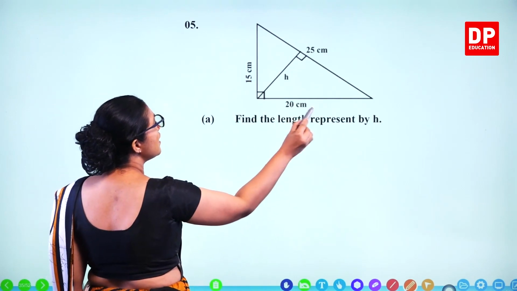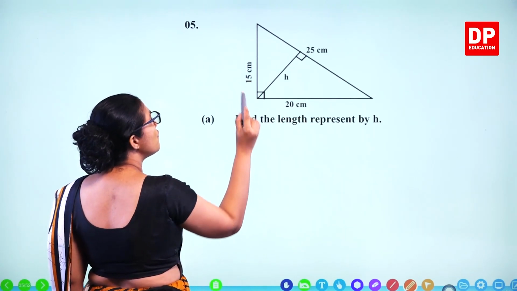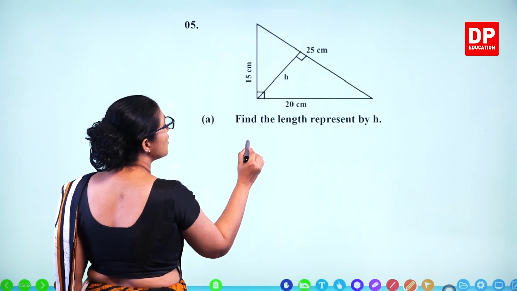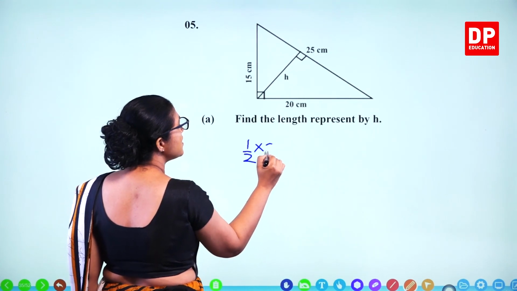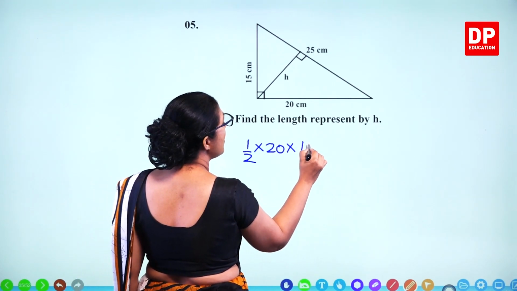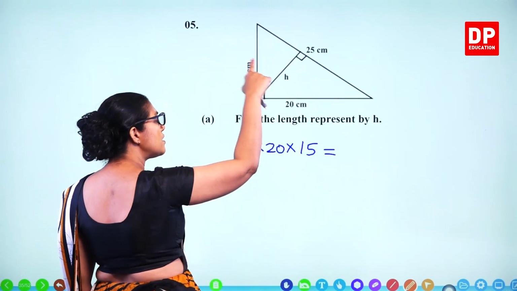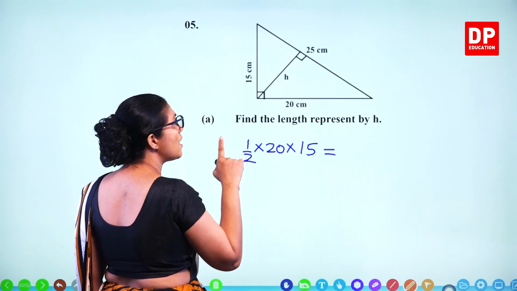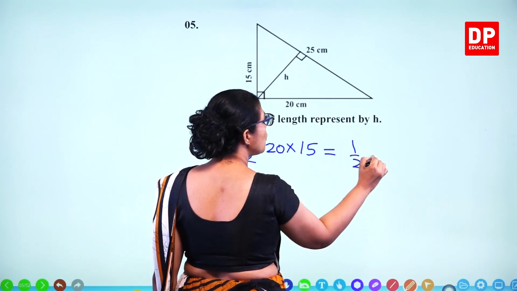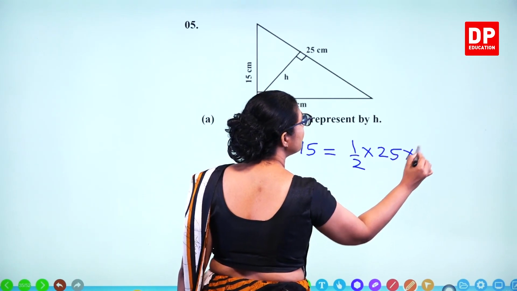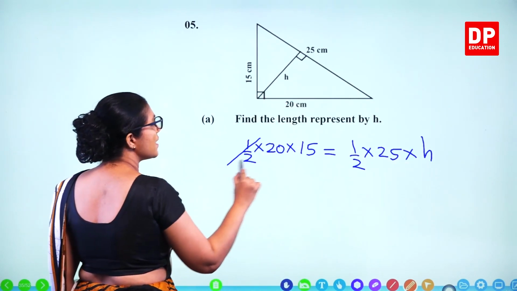So if you take this as the base and 15 as the height, what's the area? Half times 20 times 15. But we know if you take 25 as the base, h is the height. So half times 25 times h. So half gets cancelled out.